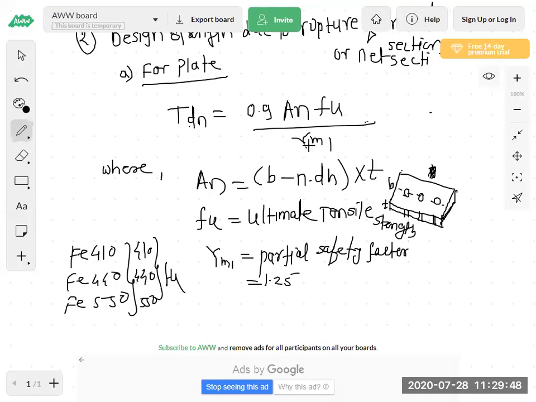So you have the IS code. Go to page number 32. Who has unmuted yourself? Someone has unmuted yourself.